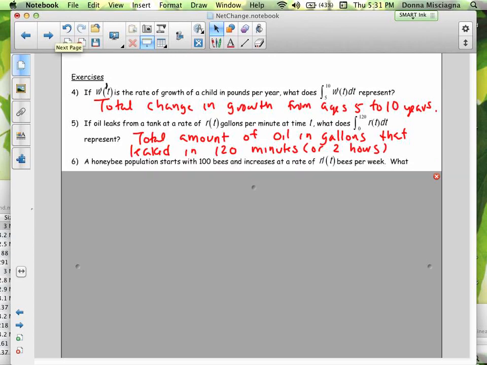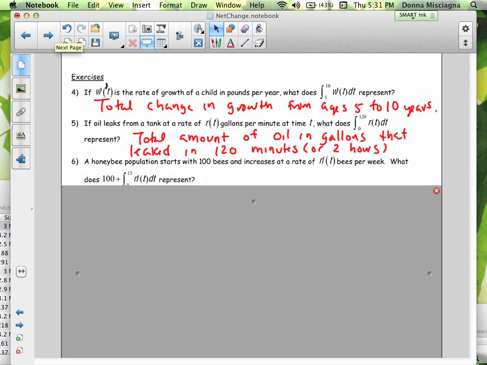A honeybee population starts with 100 bees. What does 100 plus the integral from 0 to 15 of n prime of t dt represent? Pause the tape, come up with your answer, and then check yourself.